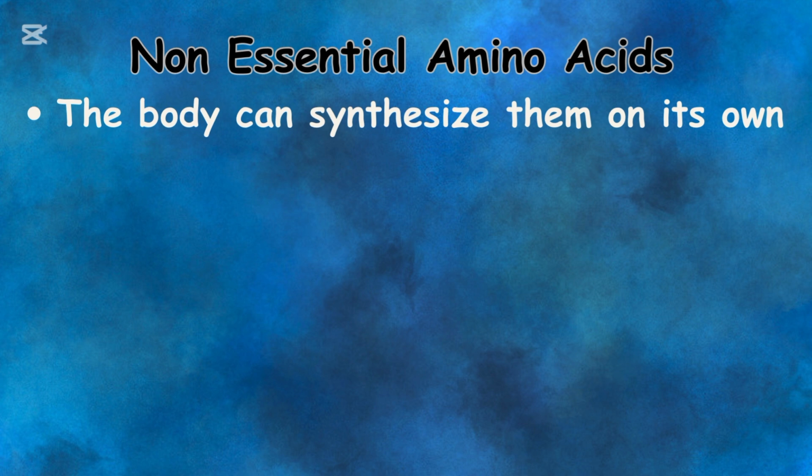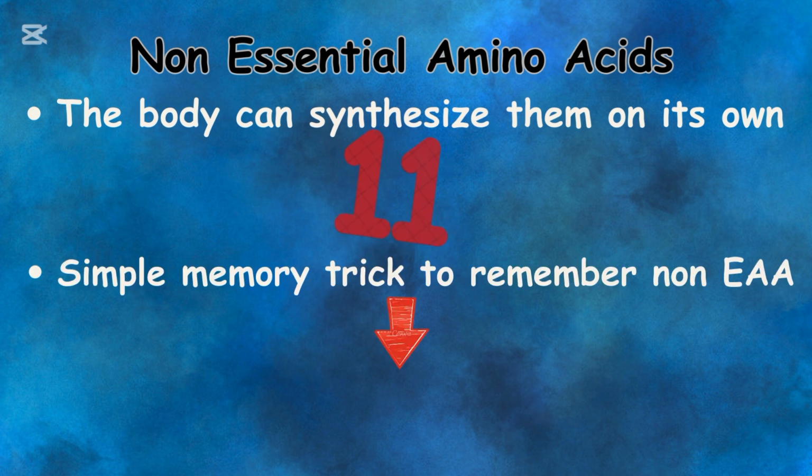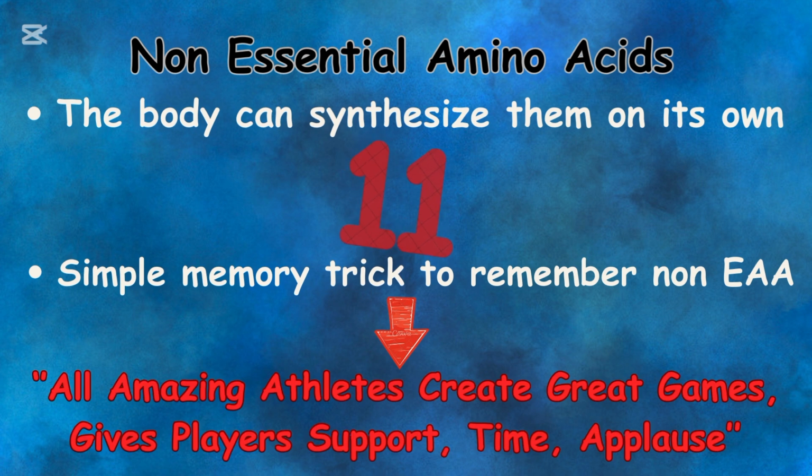Non-essential amino acids can be synthesized by the body on its own. There are 11 non-essential amino acids. Let's also use this simple memory trick to remember all the 11 non-essential amino acids. All Amazing Athletes Create Great Games, Gives Players Support, Time, A+.